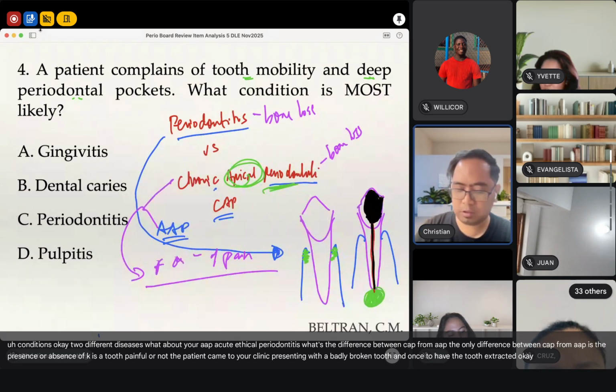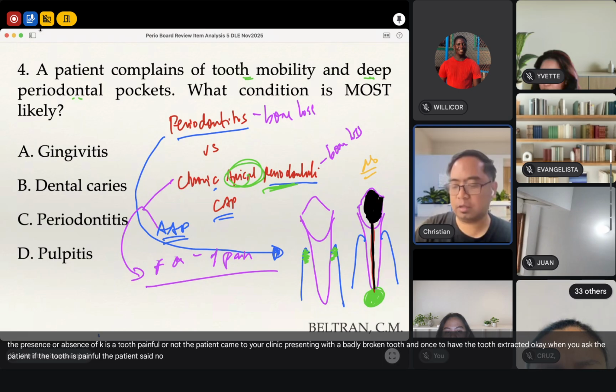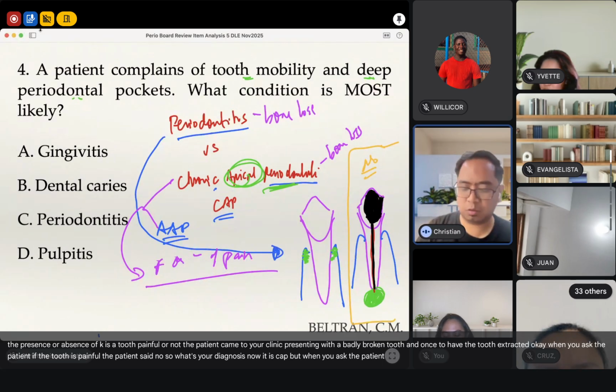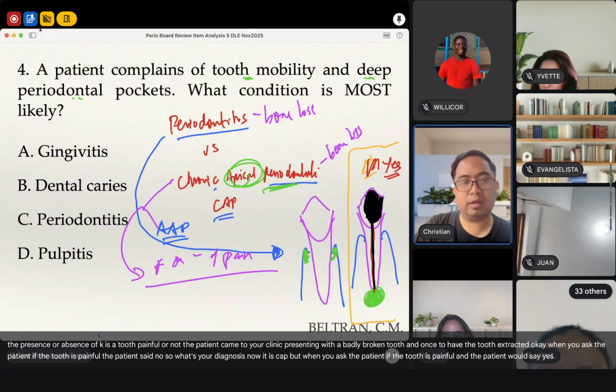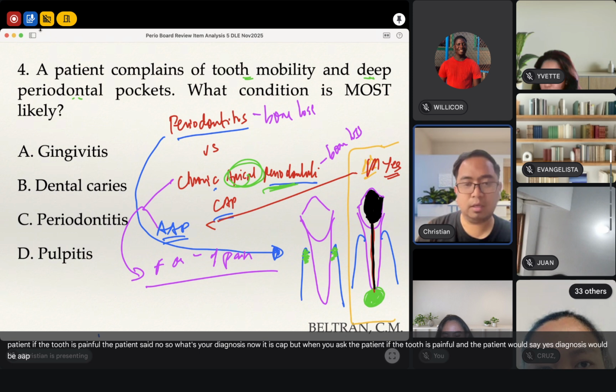Okay. When you ask the patient if the tooth is painful, the patient said no. So what's your diagnosis now? It is CAP. But when you ask the patient if the tooth is painful and the patient would say yes, diagnosis would be AAP. Okay.